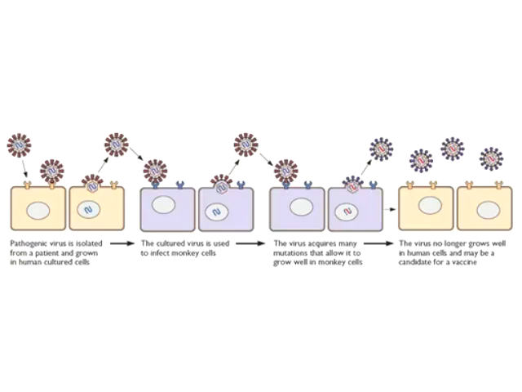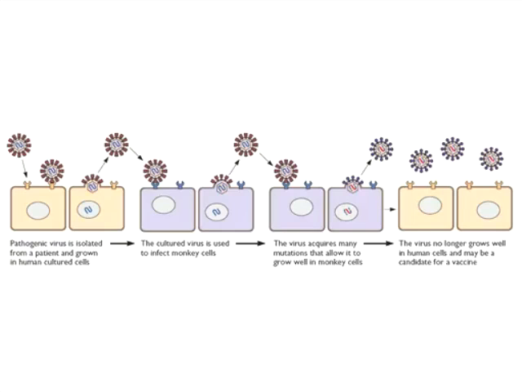Here we're showing a virus isolated in human cells, and this is being grown in monkey cells. And the continuous growth in monkey cells selects for mutations that allow the virus to grow well in monkey cells. Then when you put them back into human cells, they don't grow as well and they don't cause disease. So now this virus has mutations in it which restrict its ability to cause disease. So this is an empirical process, trial and error.